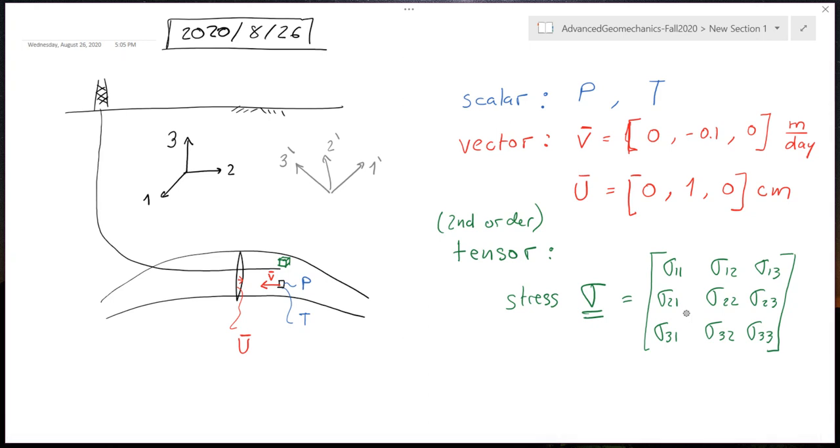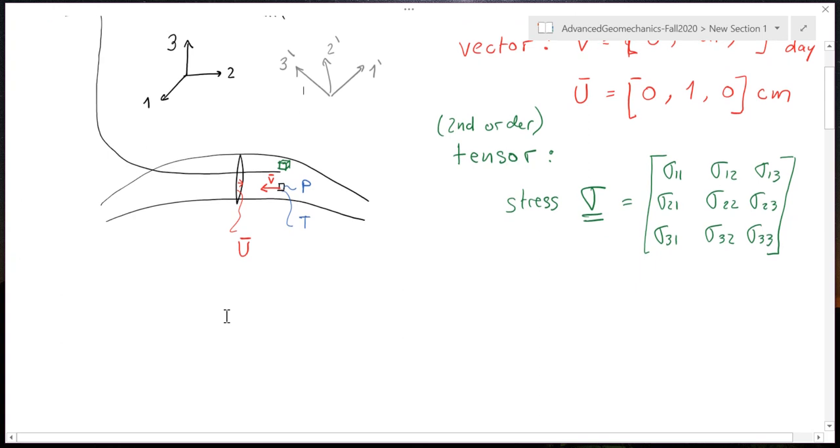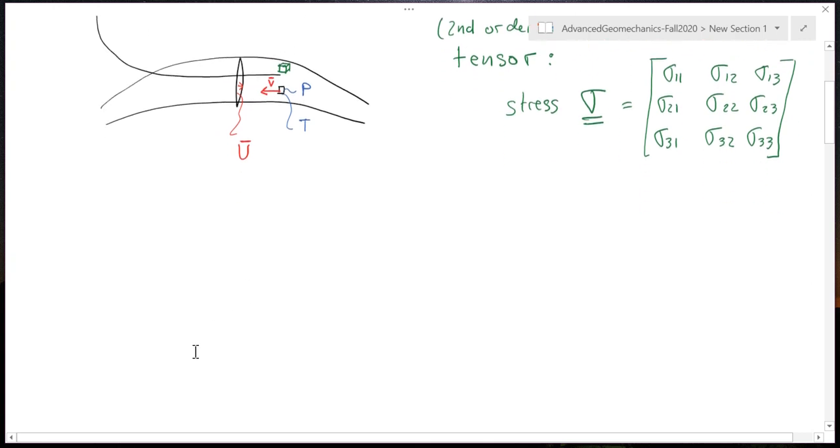All right, so let's see a few characteristics about the stress tensor that are quite important. And in order to help with that, we're going to make another schematic of stress. So as you saw for velocity or for displacement, the physical interpretation is pretty evident from these arrows of a velocity or of a displacement.